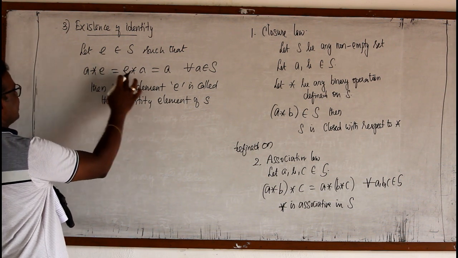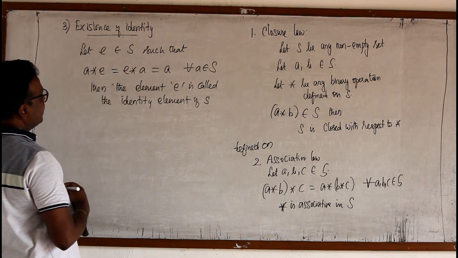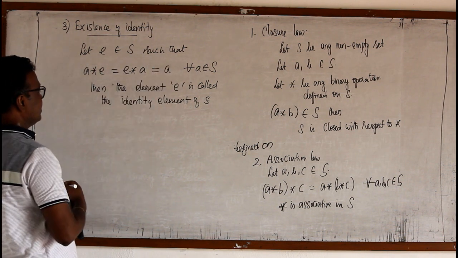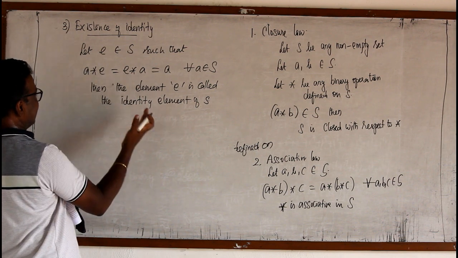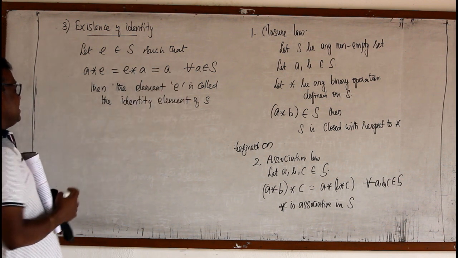Either A star E or E star A will give you only A. The element which is not getting involved in this operation is called the identity element.